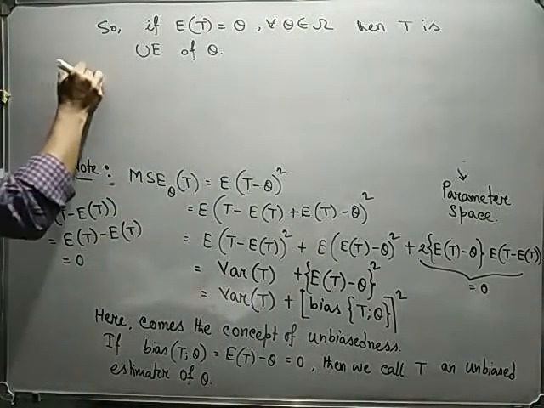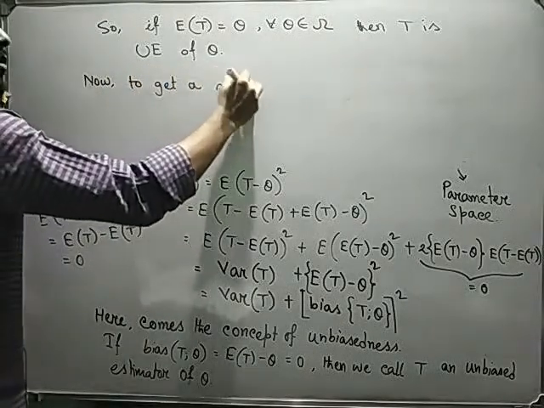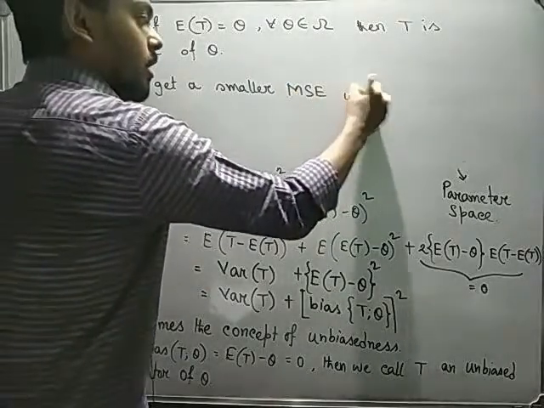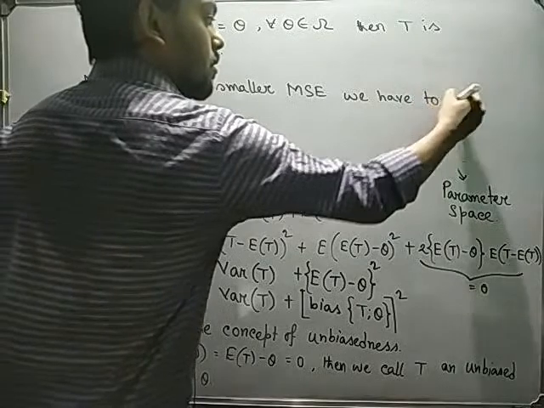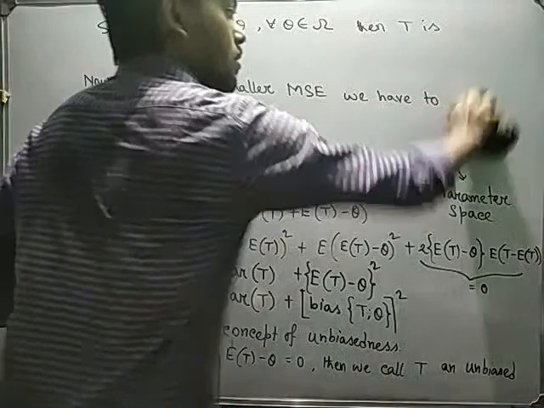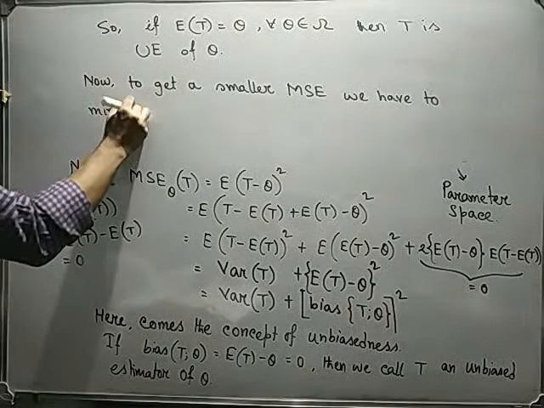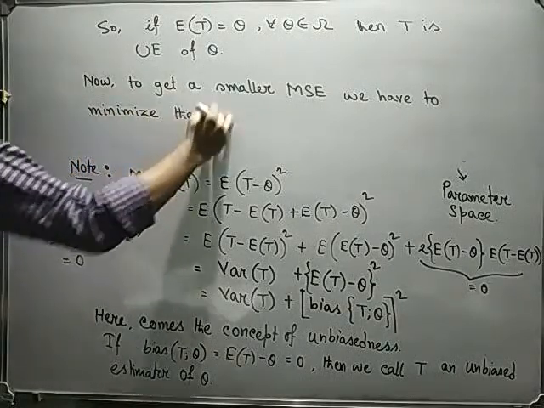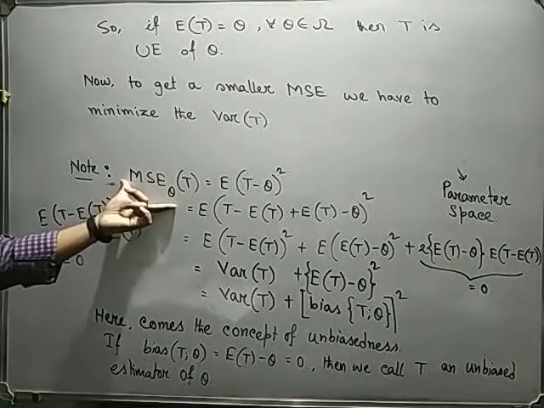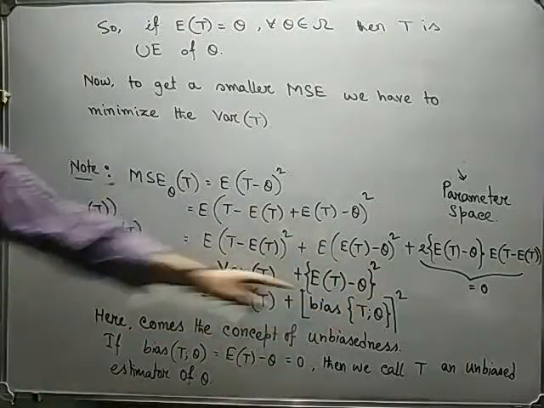So now, to get a smaller MSE, we have to minimize the variance of T. To minimize this MSE, or mean square error, we have to minimize this variance, plus we have to minimize this bias square part.